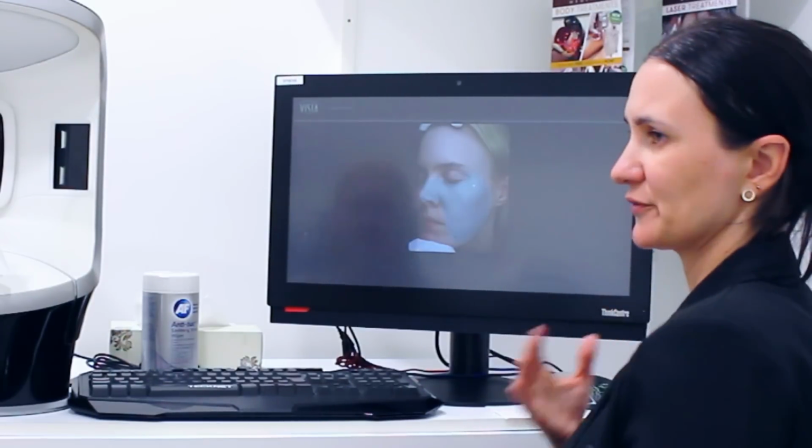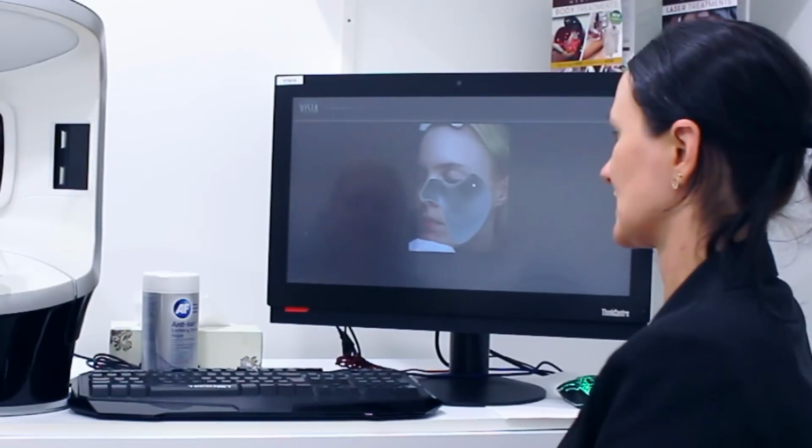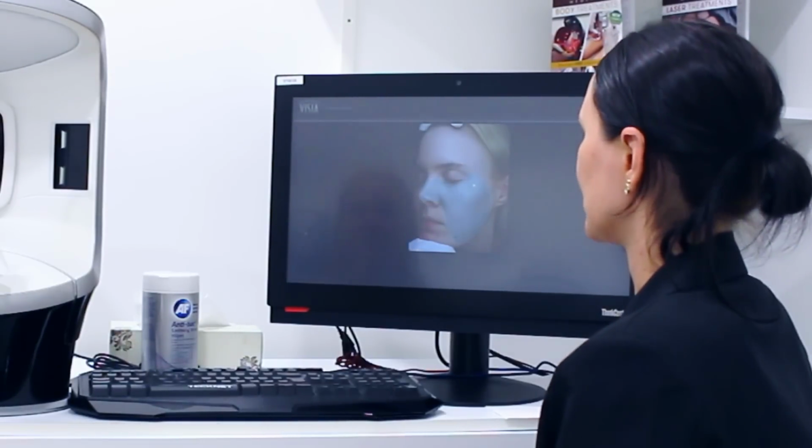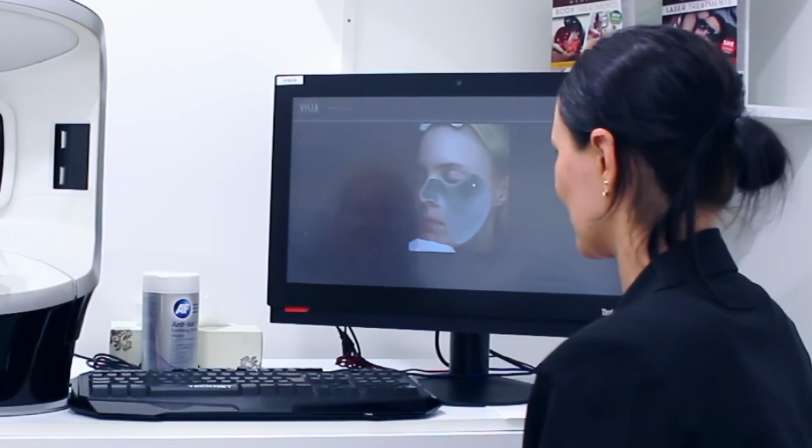So computer now generates different maps for different concerns on your face, different categories as well, so it takes a couple of seconds.